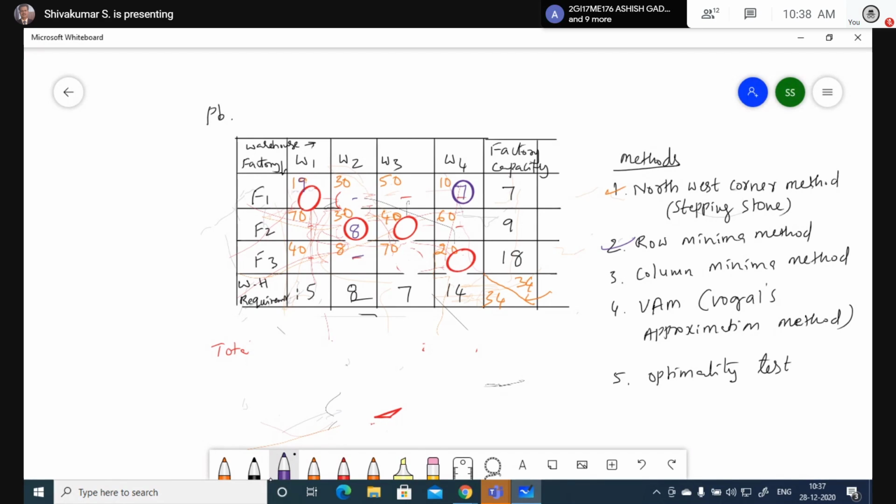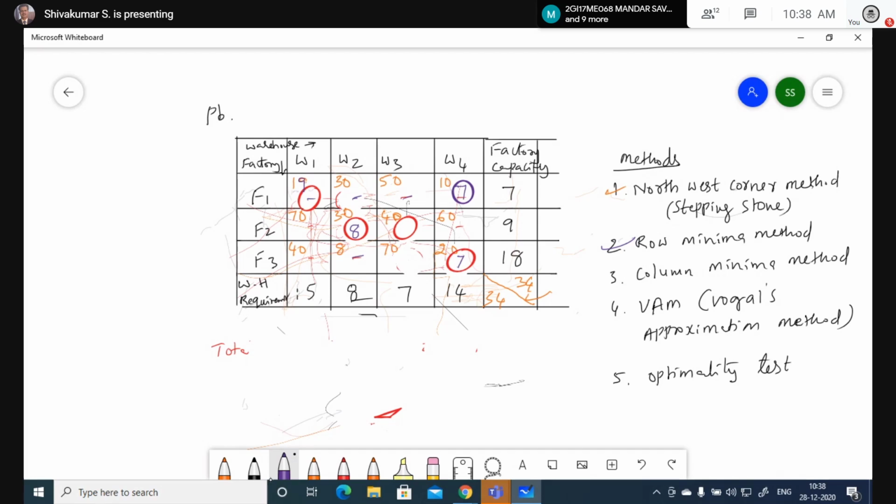Next, similarly here also, because 7 got over, you can't allocate anything to these cells. Now in the third row you have 8, but 8 allocation is already done, so 20 is the next minimum value. Already 7 is allocated, so the maximum you can allocate is 7 only here. 7 plus 7, 14.